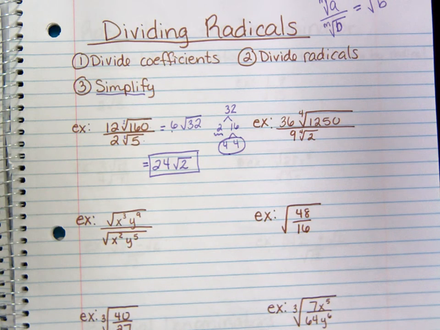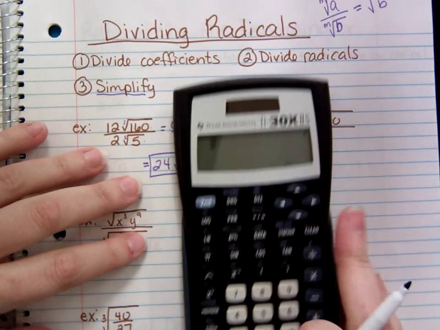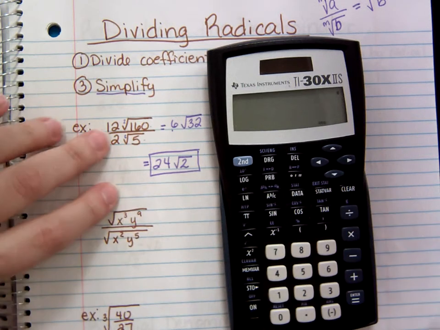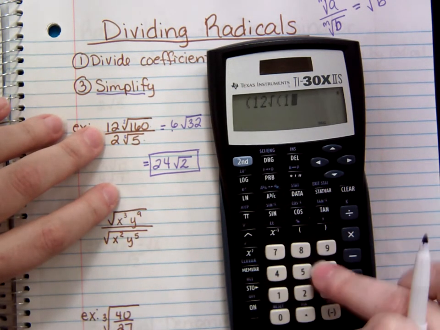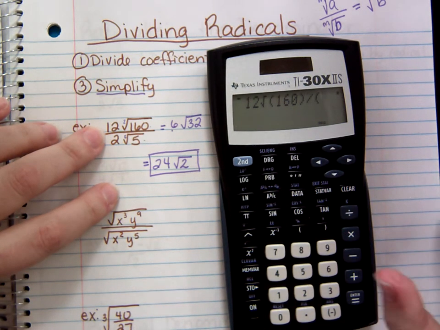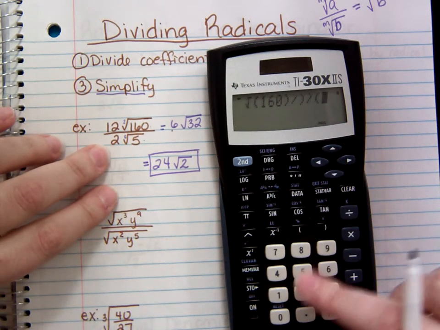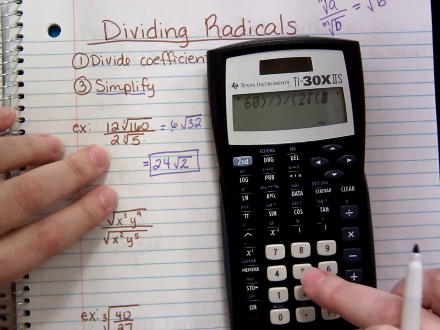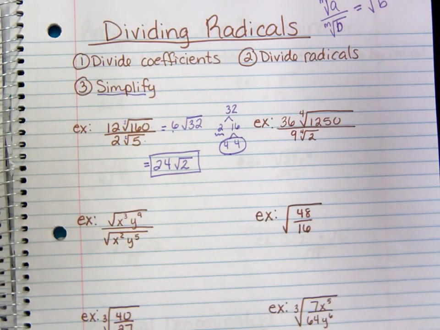Now let's say that you're working a problem like this and you are not sure if you did it correctly. So what you can do is you can put in your original, so 12 square root of 160 divided by 2 square root of 5, and I typed something in wrong.